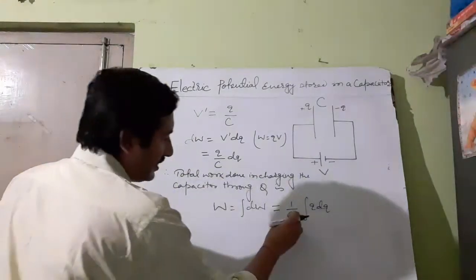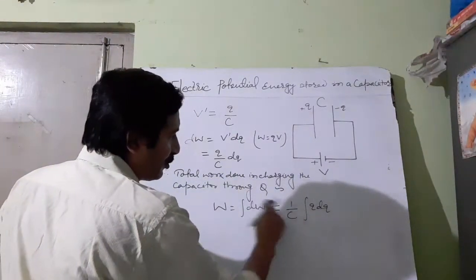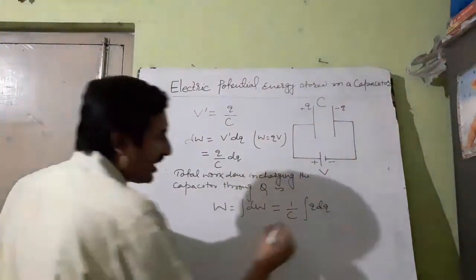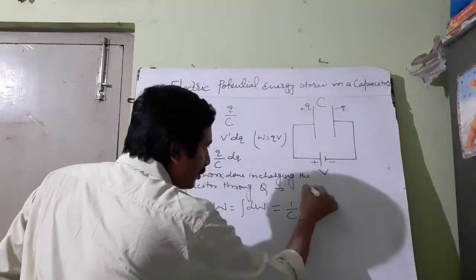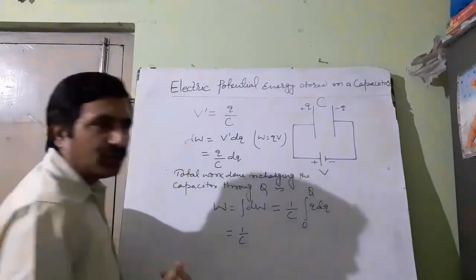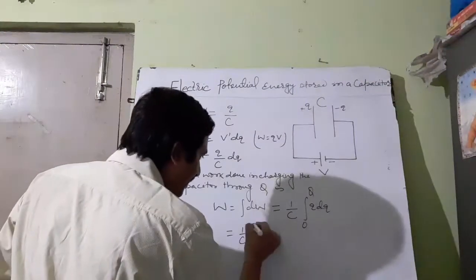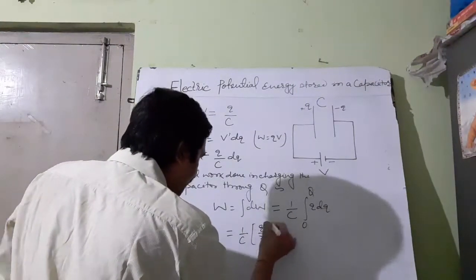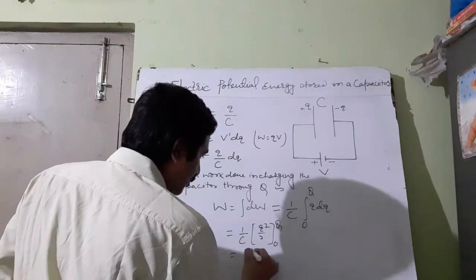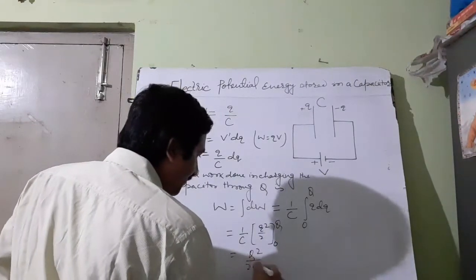Just observe that C is constant for a capacitor. So Q dQ, and you have to charge it from 0 to Q. It is equal to 1 by C times, you know Q dQ integrates to Q square by 2, from 0 to Q. This is equal to Q square by 2C.